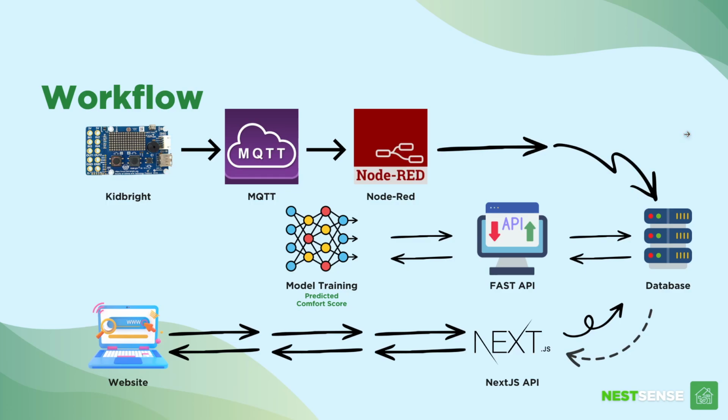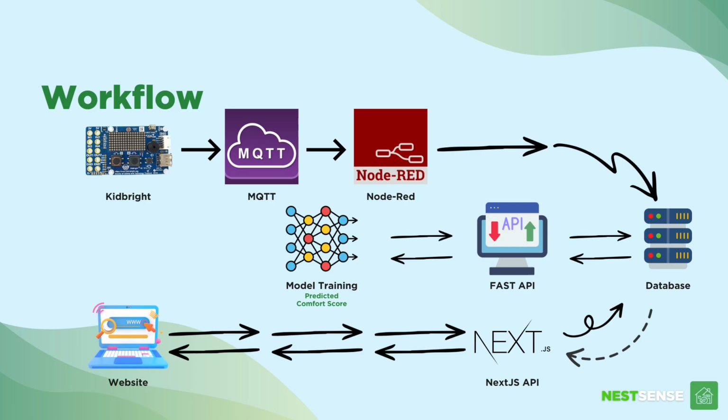Now let's see the workflows. For Kitbright, both for setting up the board and getting the data, Kitbright sends the data to MQTT, and Node-RED handles that and queries and updates it into the database. Another main flow is the website, which uses the Next.js API, the built-in endpoints in Next.js, and queries the data from the database.